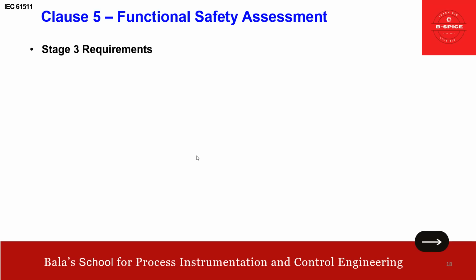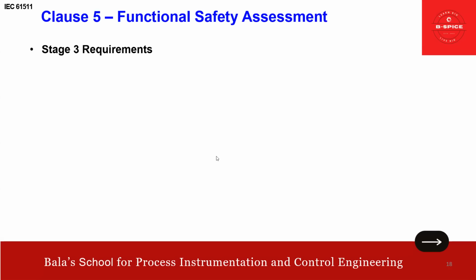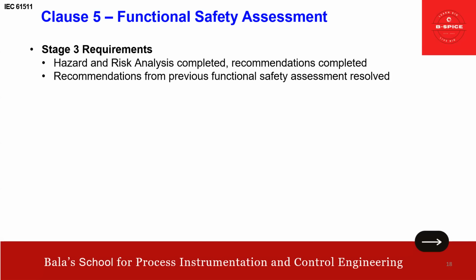Then the stage 3 requirements. We talked about it here, right, after commissioning and validation. So we should know the stage 3 requirements. In stage 3, hazard analysis is completed and recommendations are completed. Recommendations from the previous functional safety assessment are resolved. SIS is designed, constructed and installed as per the SRS. SRS, I will record a separate video for that, don't worry.